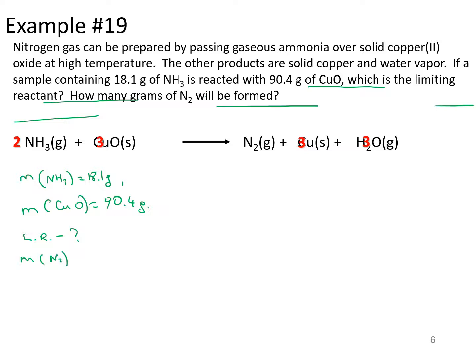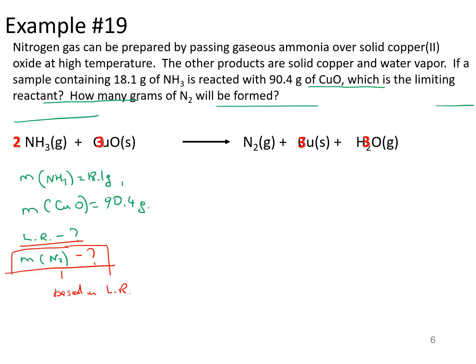Now, let's emphasize this one more time. Even if the problem did not ask to find a limiting reactant, you are still required to determine the limiting reactant, because the amount of the nitrogen that is formed is based on the limiting reactant.